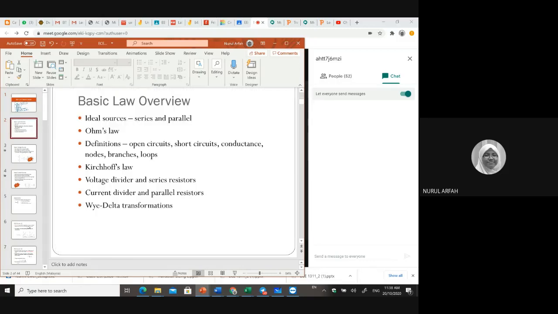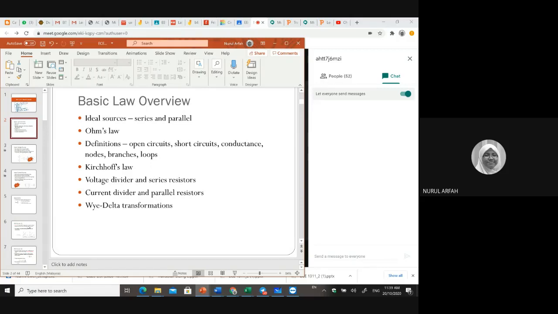Okay. All right. And then in this chapter 2, we're going to learn the sources in series and parallel. We have two types. And then the Ohm's law, okay, but we revisit this. And then there are some terms like open circuit and short circuit. This one I already introduced to you in chapter 1. And then we have conductance, nodes, branches, loops.